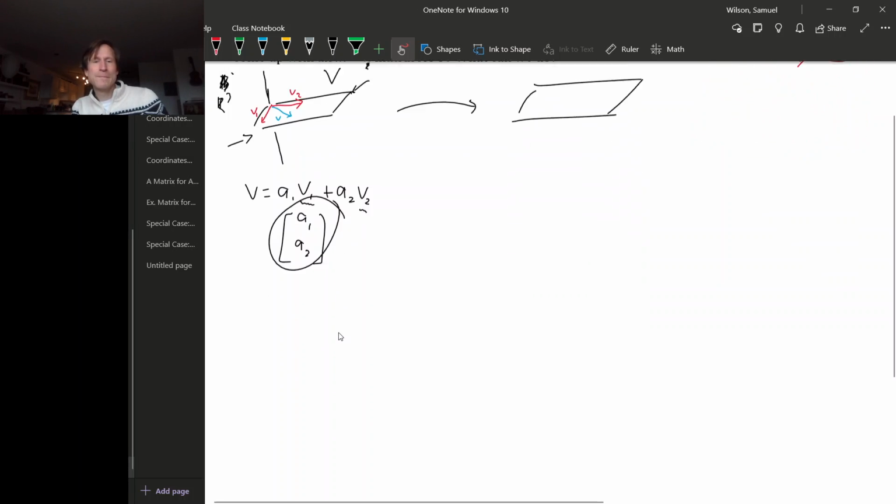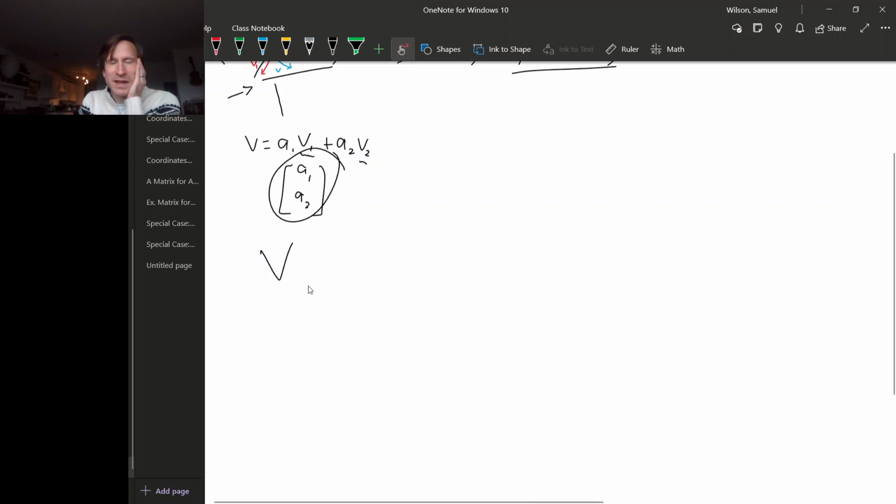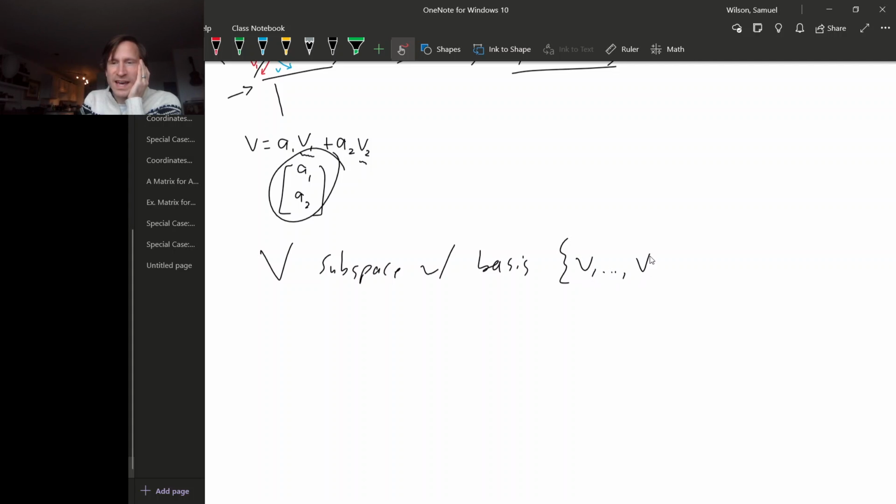So if we have some subspace with a basis, say v1 up through vk, this subspace might be in Rn, in which case we can't assume that the basis for the subspace has n vectors. It might not fill out all of Rn, so k is going to be smaller than n in general, or less than or equal to n anyway.